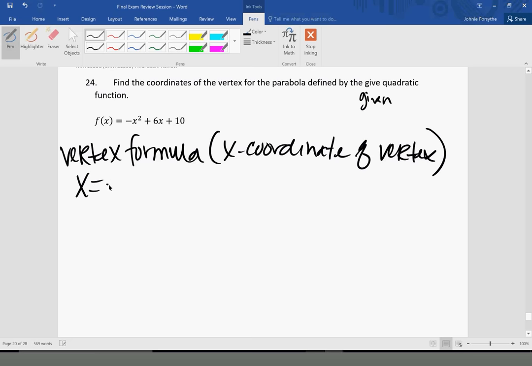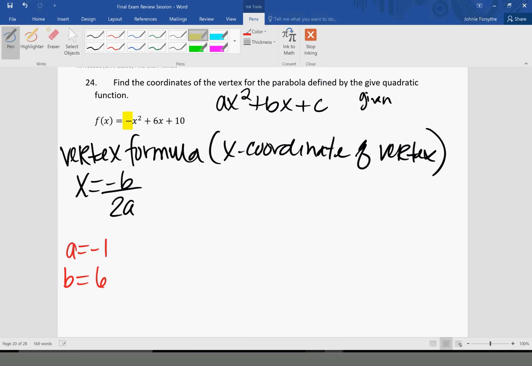That vertex formula is x equals negative b divided by 2a. So we get that a and b from that standard form, ax squared plus bx plus c. So in this case, a equals negative 1 and b equals 6. We got that from here and here.